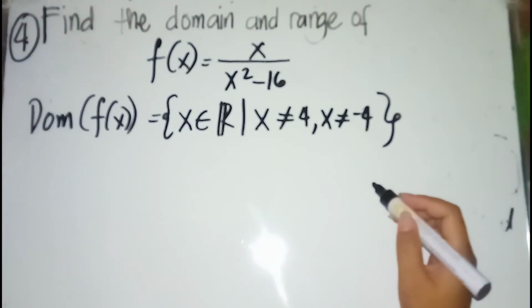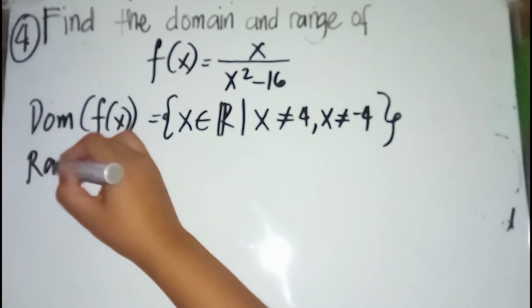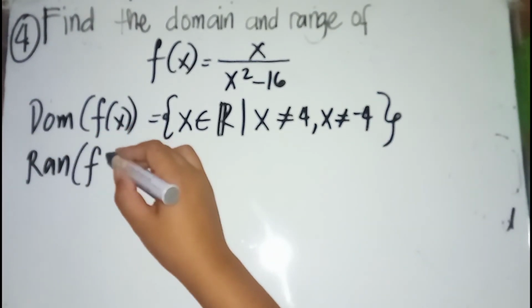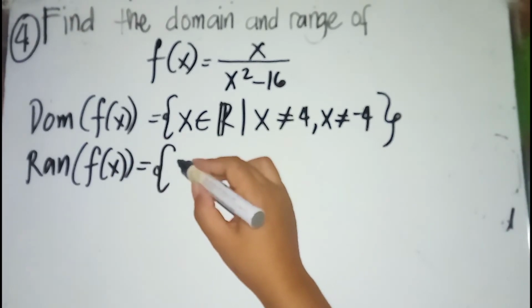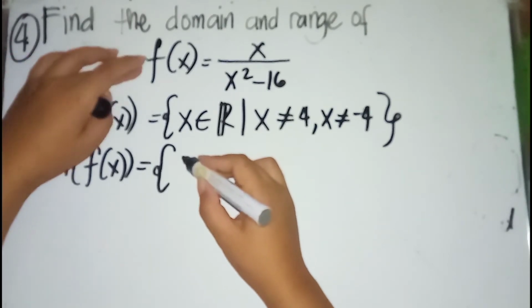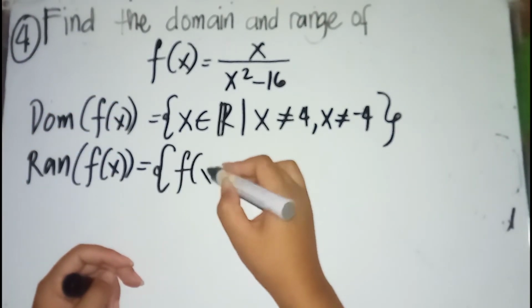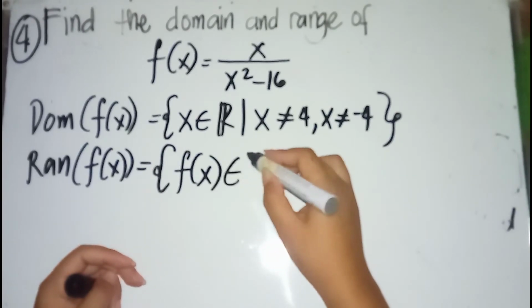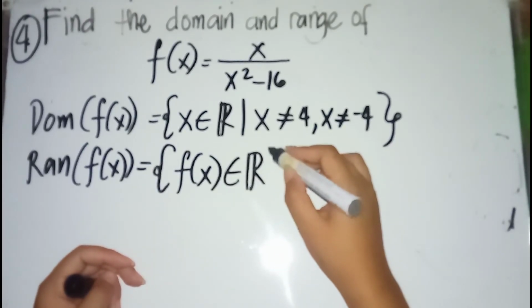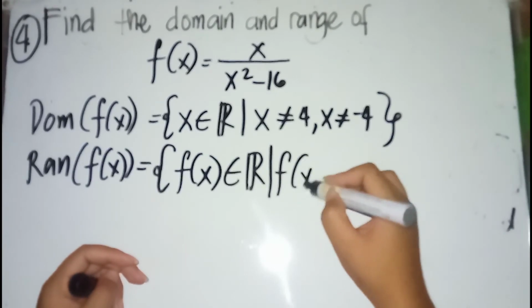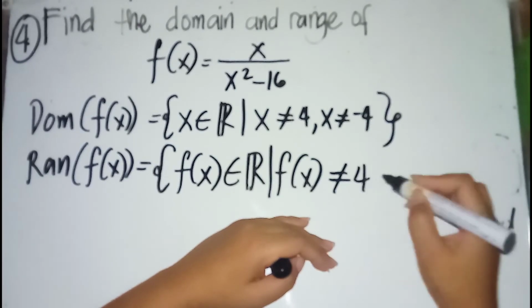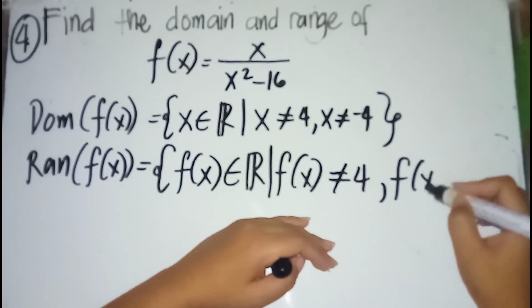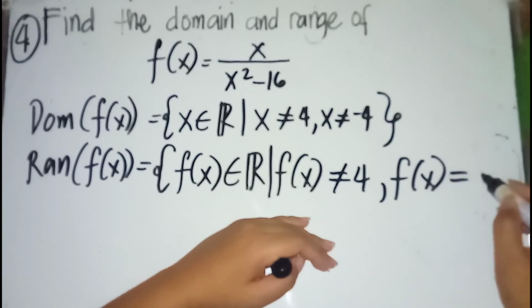To find the range of f of x, it is equal to the set of our function f of x is a member of all real numbers such that f of x must not equal 4 and f of x must not equal negative 4.